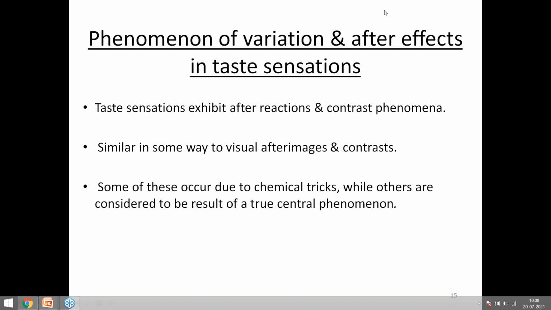But here for the taste sensation, vagus nerve is not generally tested for taste, although it is responsible for contributing to the taste sensation, but we don't test it at our level. We don't test it during testing for taste sensation.